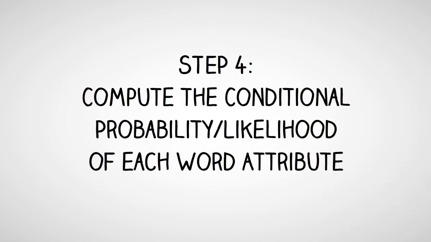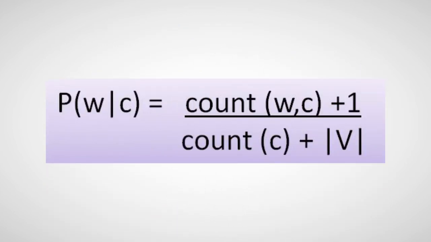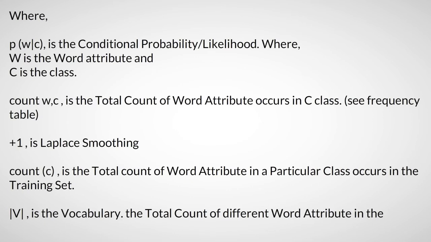Step 4. Compute the conditional probability, the likelihood of each word attribute. Compute the conditional probability of each word attribute in the test set. Use the conditional probability formula with Laplace smoothing to avoid zero frequency, where P of W given C is the conditional probability, the likelihood.